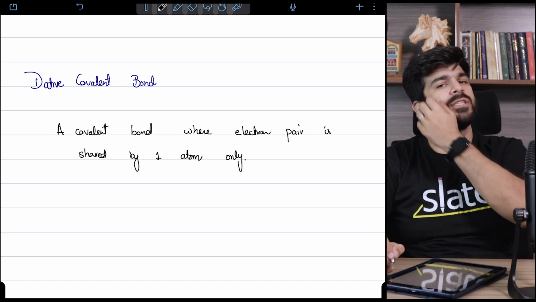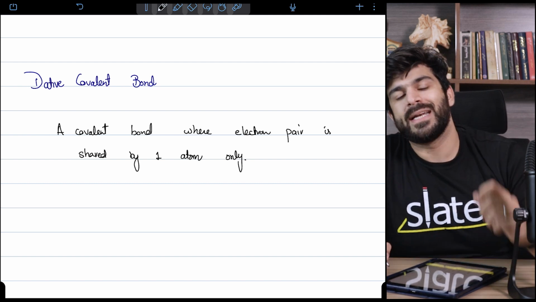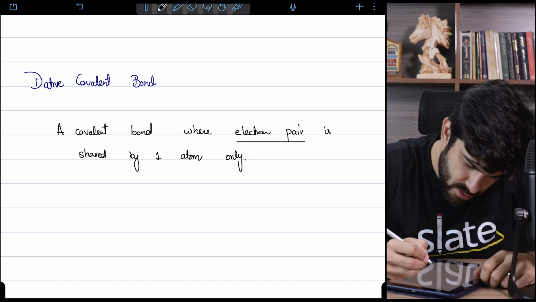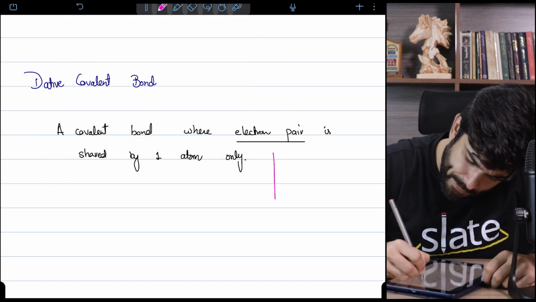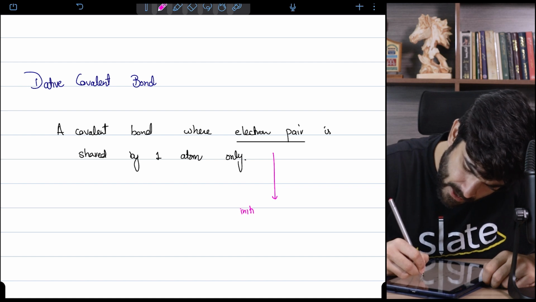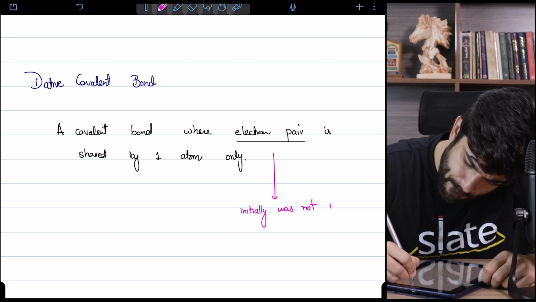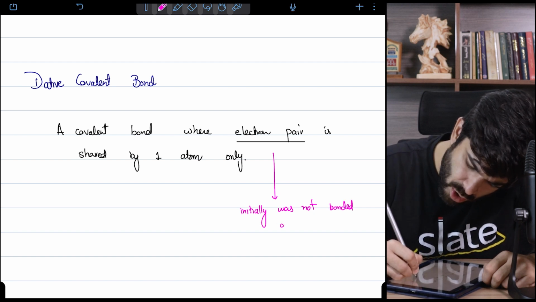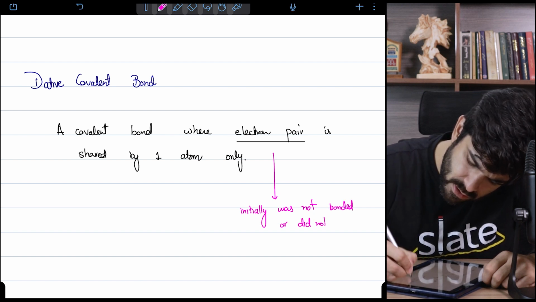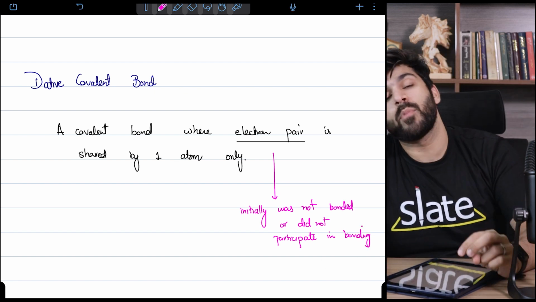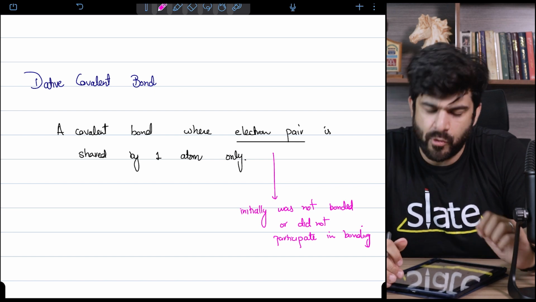So only one atom shares the electron pair. It has free electrons. And when we talk about this electron pair, initially it was not bonded, or did not participate in bonding, right? This did not participate in bonding. So that is what we know from here.